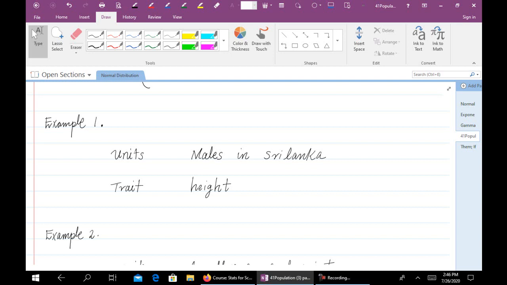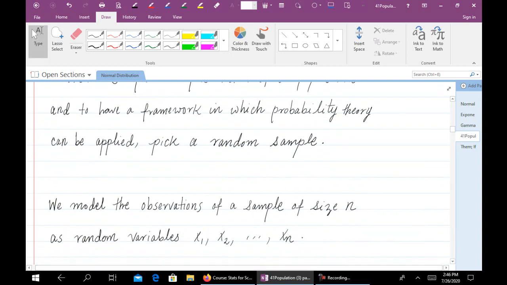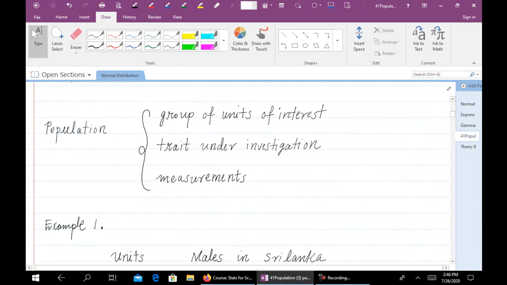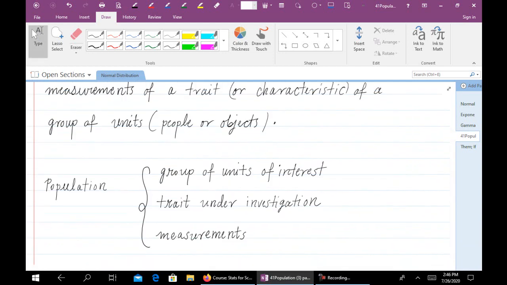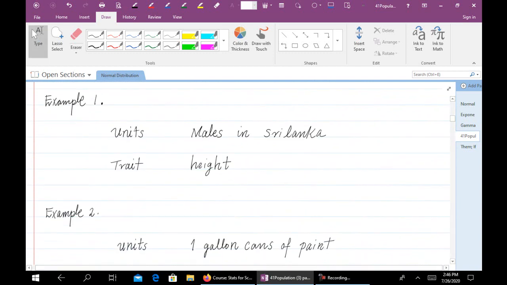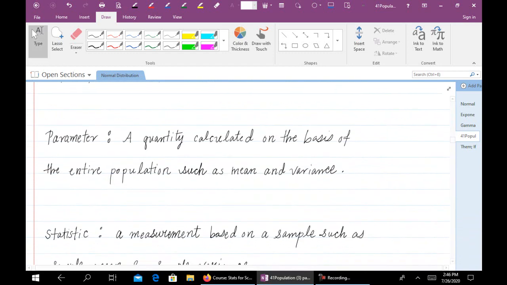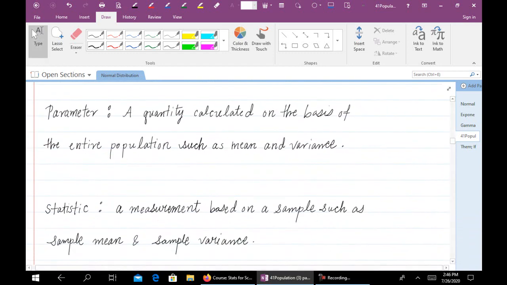Imagine that you have the measurements of height for all the males in Sri Lanka, and then you can calculate the average height. So that would be a population parameter. And then you can also talk about the variance for the measurements in the population. So that's a parameter. It's a quantity based on the entire population.